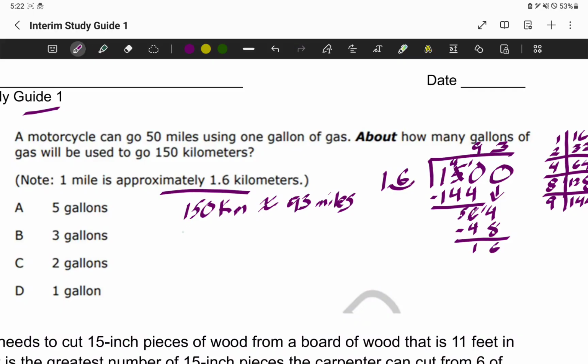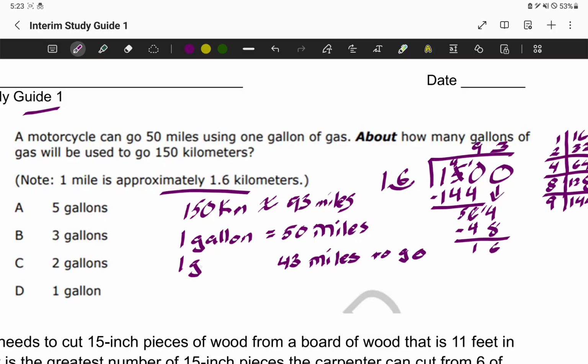Well, 1 gallon is 50 miles. That still leaves us 43 miles to go. And so we need another gallon in order to get that far.